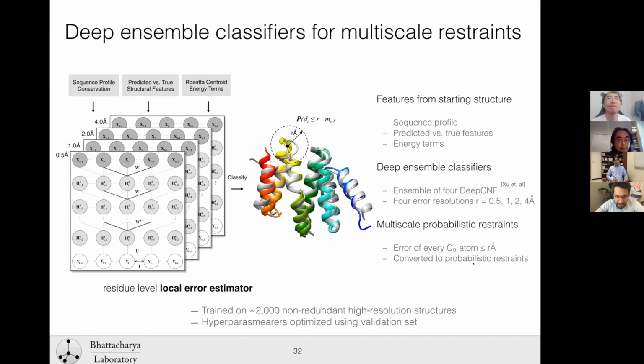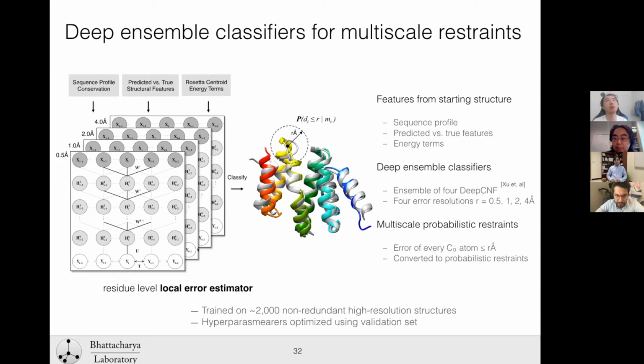So instead of using restraints which are computed from starting structures, here we can use predicted probabilistic restraints. And so each of these residue level local error estimates can guide the refinement simulations. We are calling them multi-scale restraints. And once we guide the refinement with them, we call it restrained refinement.